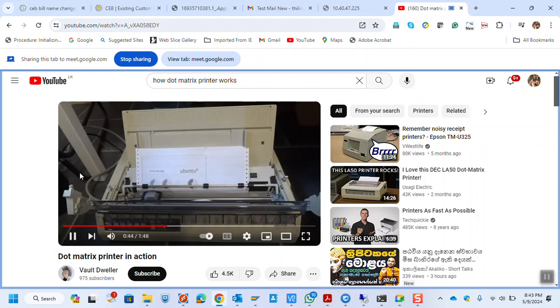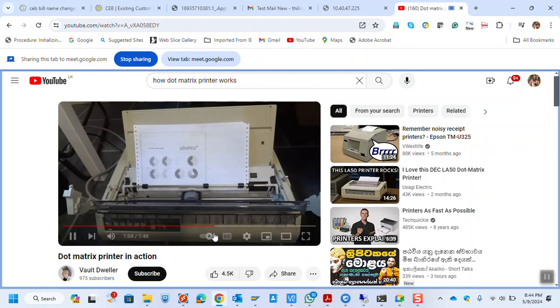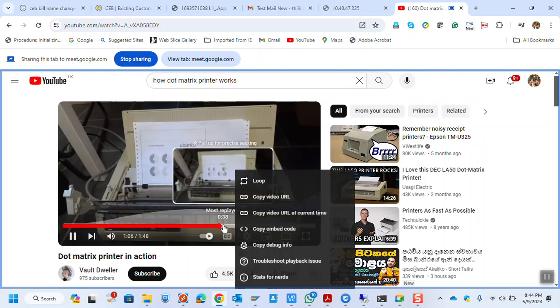It can generate monochrome graphics, only one color. It can reduce the shade or the intensity. See the noise?